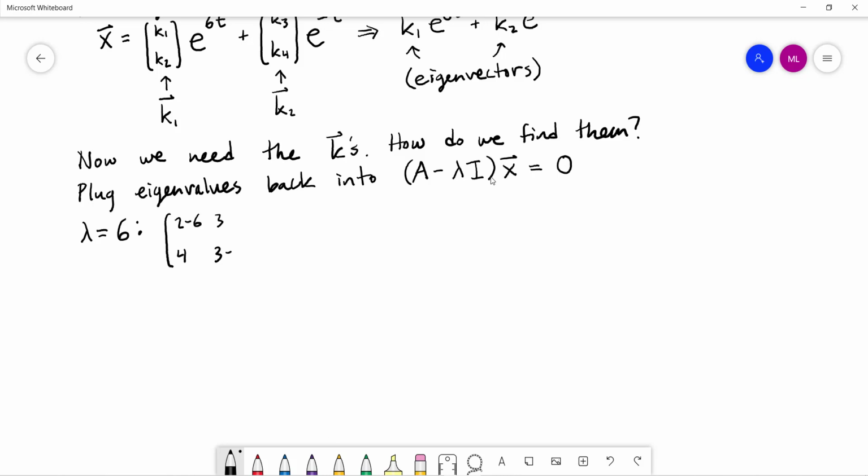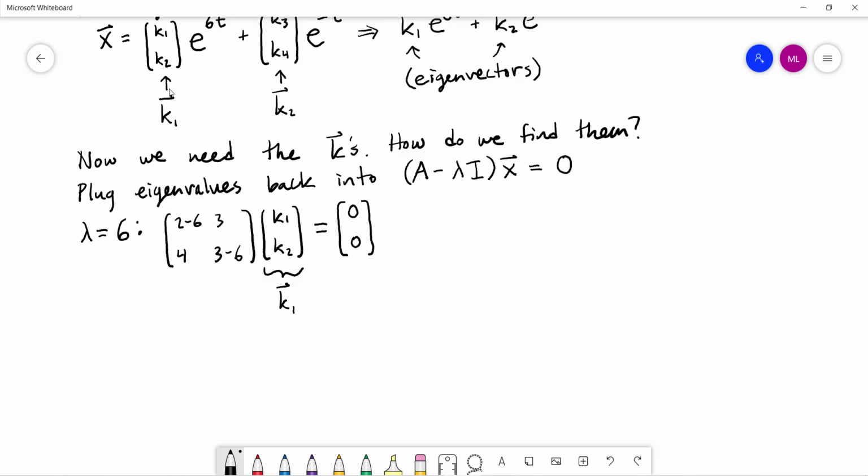So in this case, minus 6 on those two terms. Times, here's the two entries that I'm calling K1 and K2, right? These are K1 and K2 scalars. They make up the vector that I'm calling K1 with the arrow over it, right? So this whole thing is what I'm calling K1, the whole thing. And we want that to be equal to the 0 vector. The 0 vector is 0, 0.